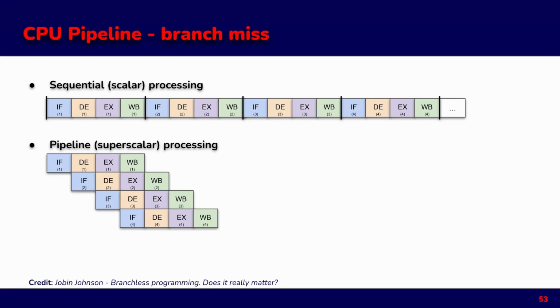We already saw it in the MCA analyzer. If it was sequential, it would look something like that, but you don't want to waste the units. So when you fetch one instruction, you decode it, and at that time you can fetch another instruction and so on. So we have a superscalar pipeline.